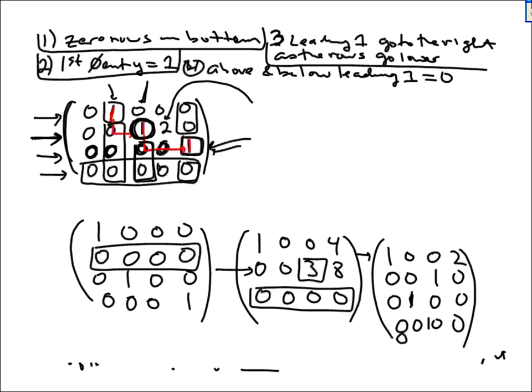Row 1 has this leading 1. Row 2 has that first non-zero entry, which is a 1. That's good. And this row, its first non-zero entry is a 1. That's all good. But condition 3 says the ones, as you go down the rows, have to be going to the right.